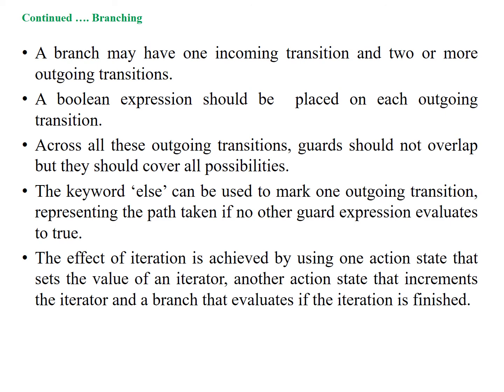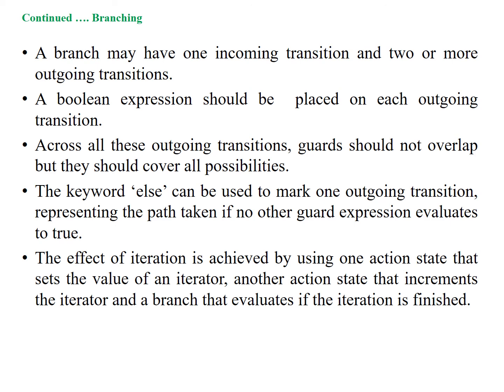On each outgoing transition, you place a Boolean expression which is evaluated only once on entering the branch. Across all these outgoing transitions, guards should not overlap, but they should cover all possibilities.